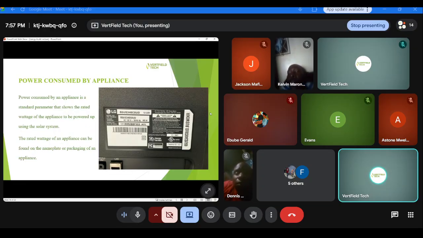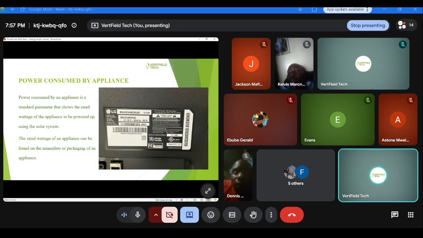Power consumed by an appliance. The power consumed by an appliance typically tells you the energy consumption in terms of wattage, or the wattage of each and every appliance.